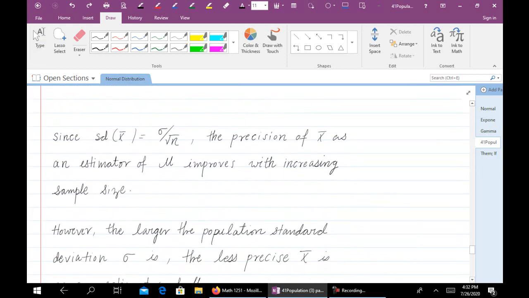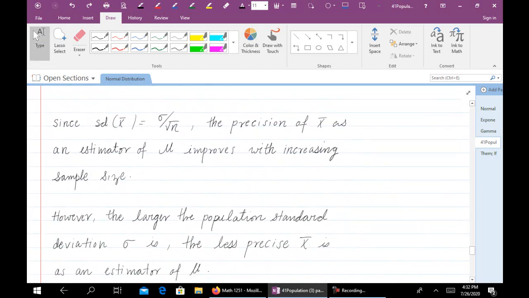Since the standard deviation of x bar is sigma over root n, we see that the precision of x bar as an estimator of mu improves with increasing sample size n. However, the larger the population standard deviation sigma is, the less precise x bar is as an estimator of mu.